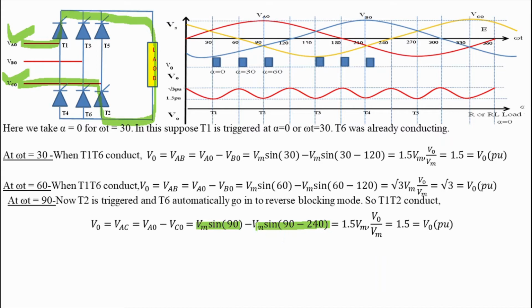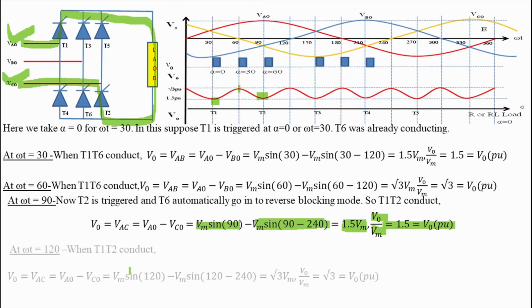So Vm sin 90 minus Vm sin (90 minus 240 degree) equals 1.5 Vm. So again we are getting 1.5 Vm. In terms of per unit, we can write V0 by Vm equals 1.5. So in this waveform you can see that for omega t equals 90 degree, we get 1.5.